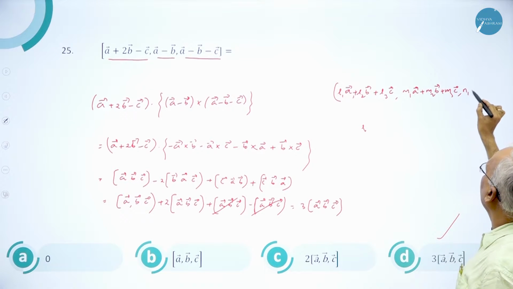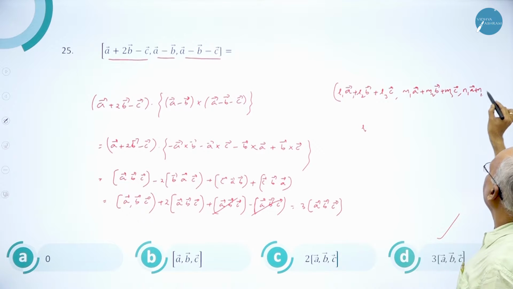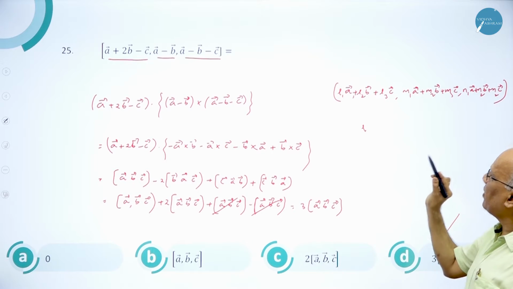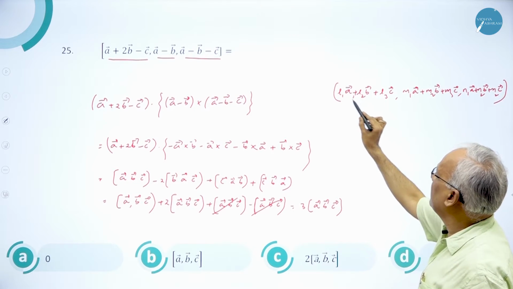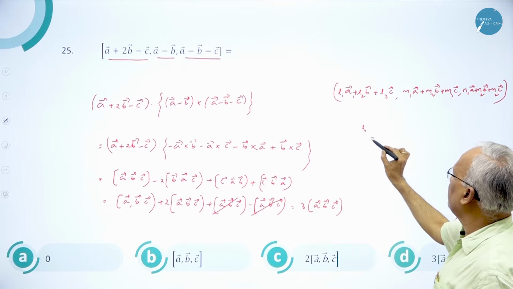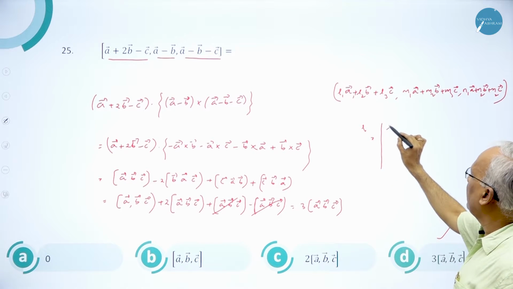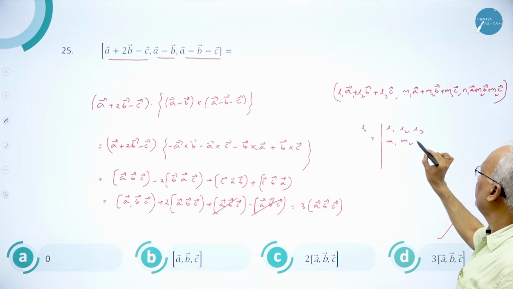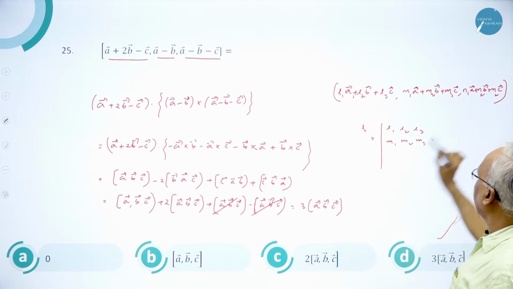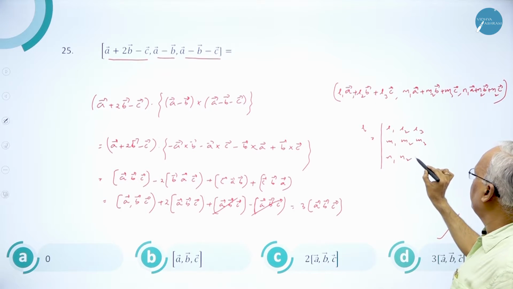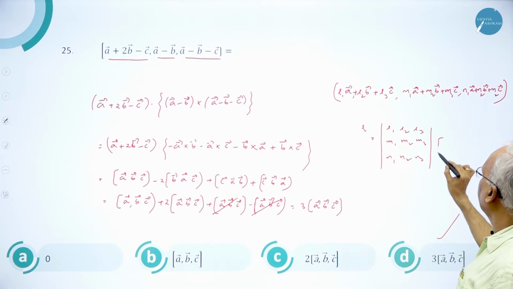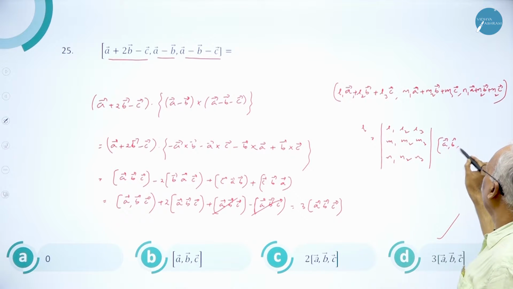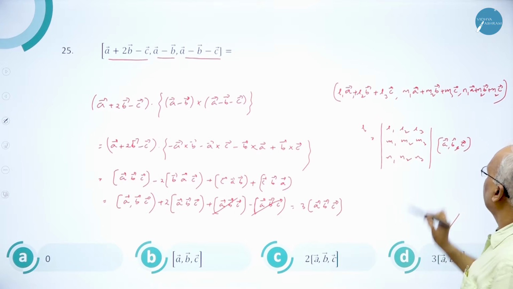Next one, N1A plus N2B plus N3C. If you want the scalar triple product of this, make sure that it is a linear combination of ABC. This is equal to the determinant L1, L2, L3, M1, M2, M3, N1, N2, N3, the determinant into the scalar triple product of ABC. This is a very, very interesting formula.